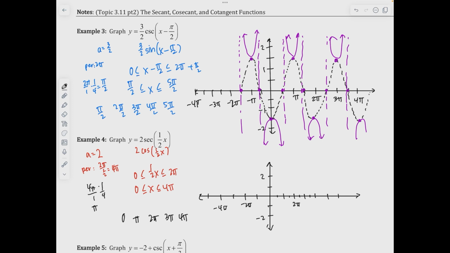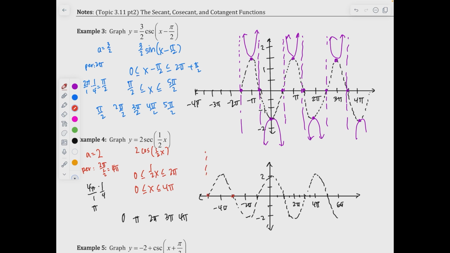Okay, I'm going to start at my maximum because it's cosine. 0, minimum, 0, maximum. Okay. Down, back, up, and then back. Okay.